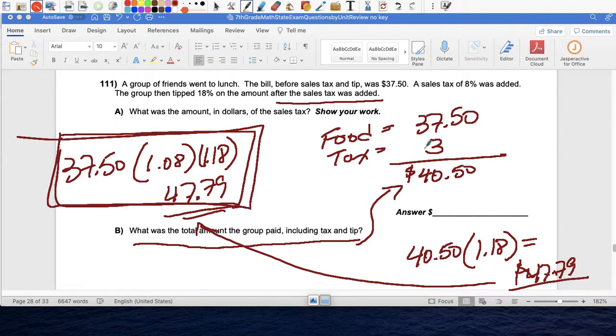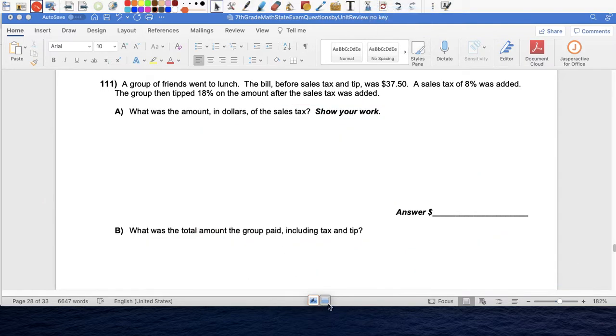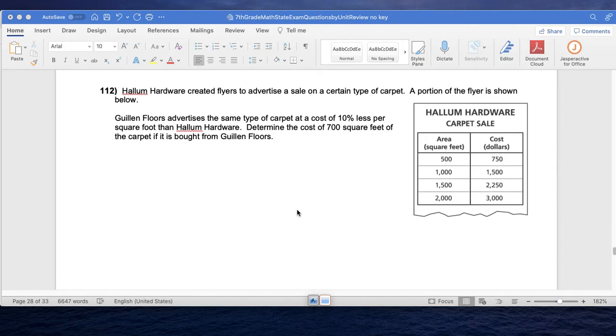They wanted you to show what the tax was and then calculate the tip on top of this amount, which is food and tax, which again goes against everything I've told you. So go figure. We don't usually tip on the amount of the bill that includes the tax.